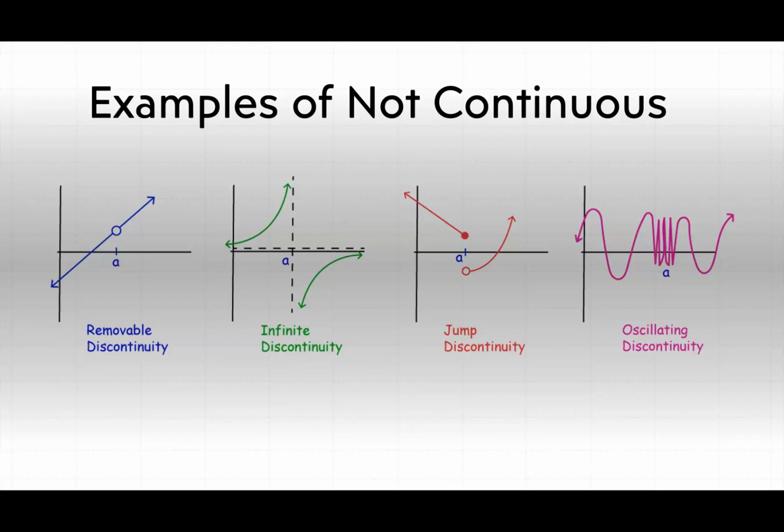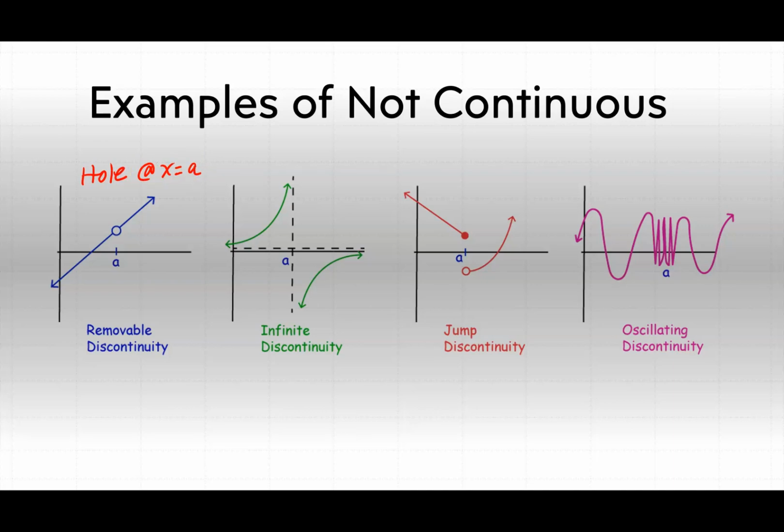Okay, so here are some examples of functions that are not continuous and the type of discontinuity. Okay, so types of discontinuity is what we call these. So the first one is a hole, right? So you have a hole at x equal to a here, okay?